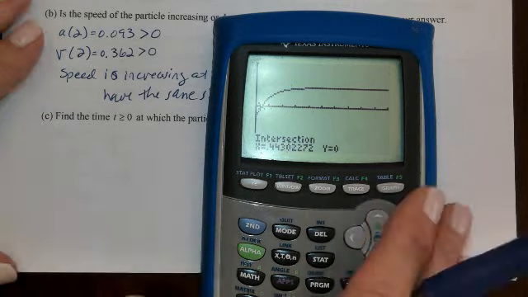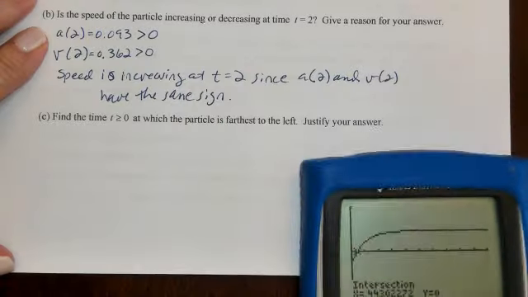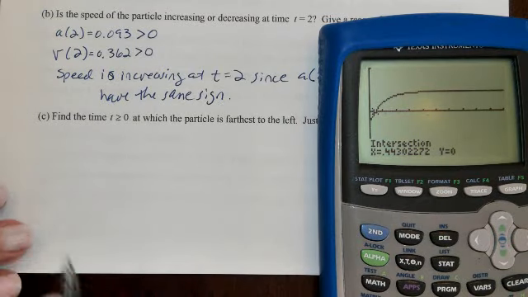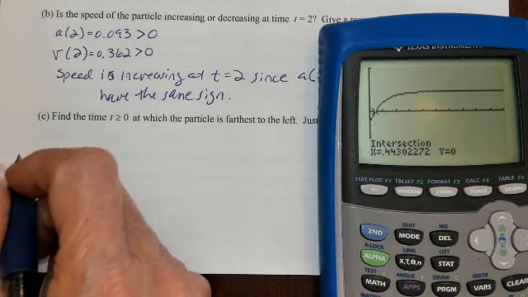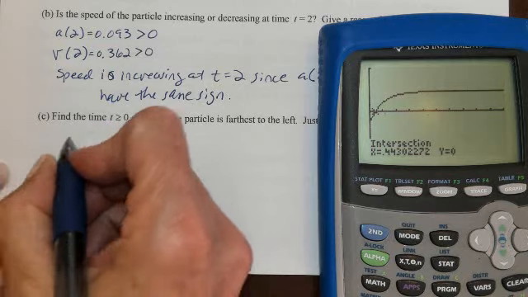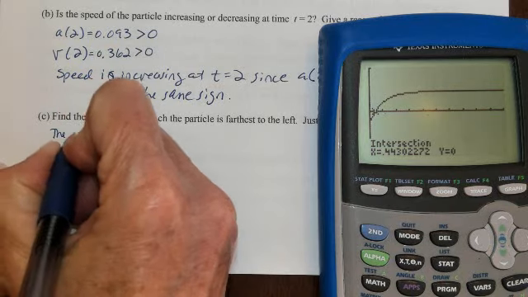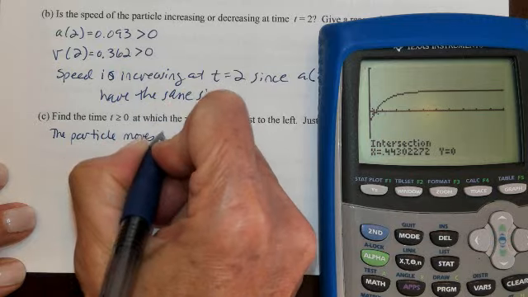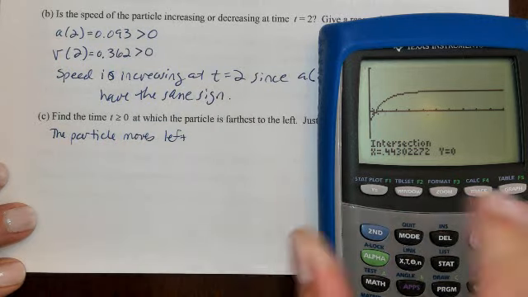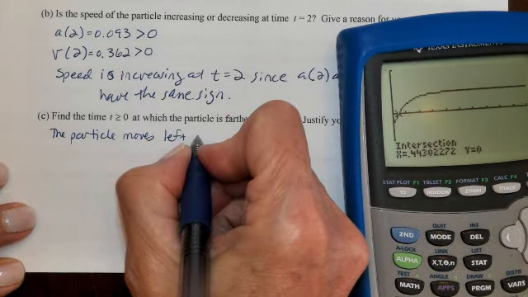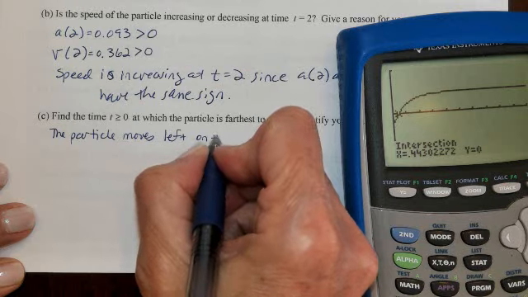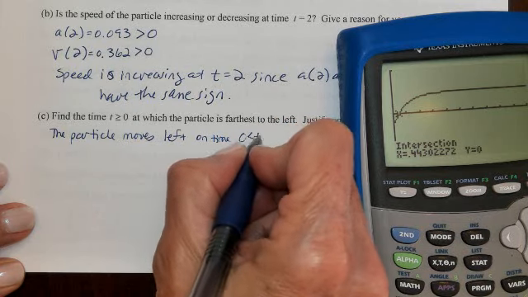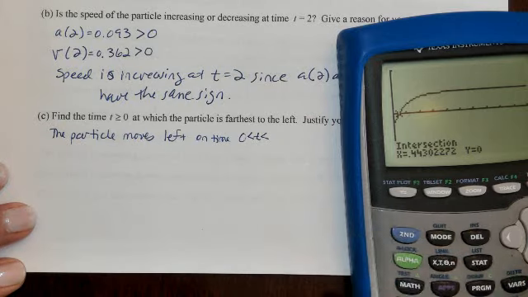Okay, so we need to justify our answer, not just give an answer. Never ever just give a decimal answer or any kind of number answer without saying what you did to get it. Okay, I'm going to say the particle moves left on time 0 to 0.443.